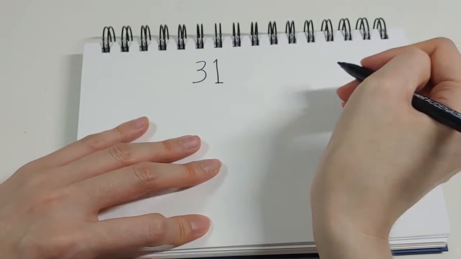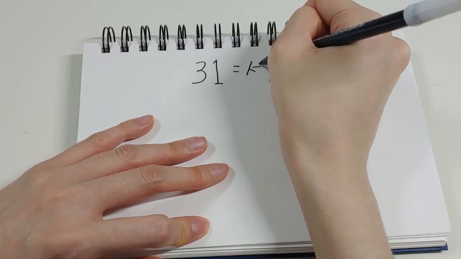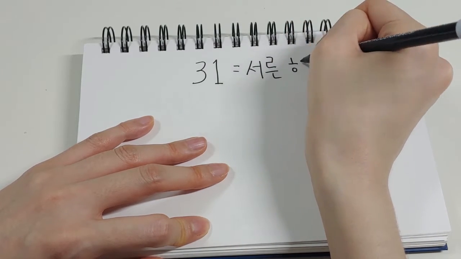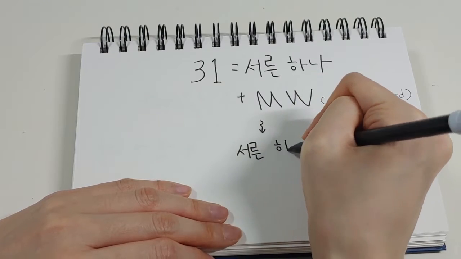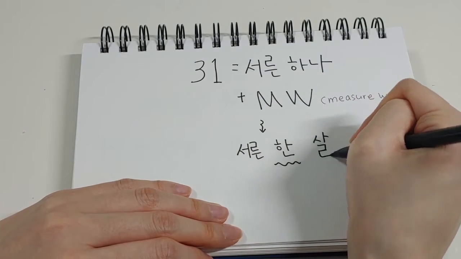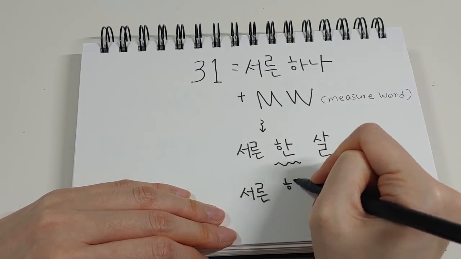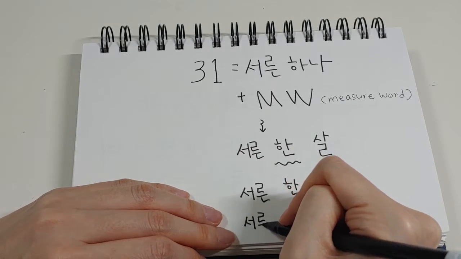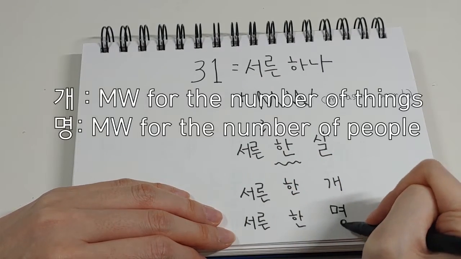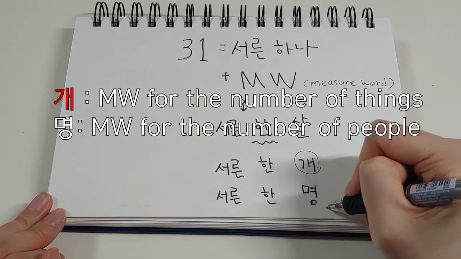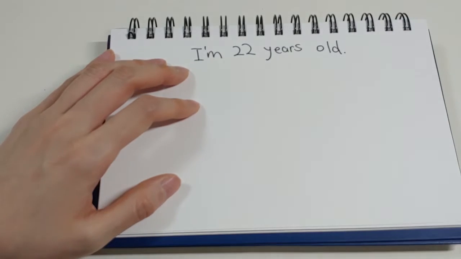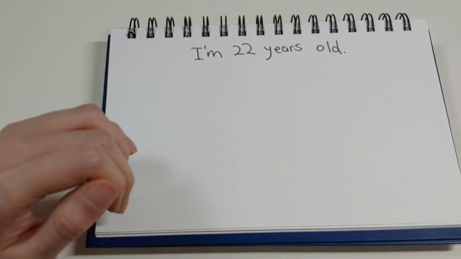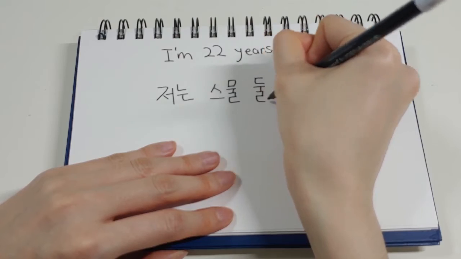So for example, 31 in itself is read 서른하나, but when combined with the measure word, it becomes 서른한 살, 서른한 개, 서른한 명. 개 is a measure word for the number of things and 명 is a measure word for the number of people.